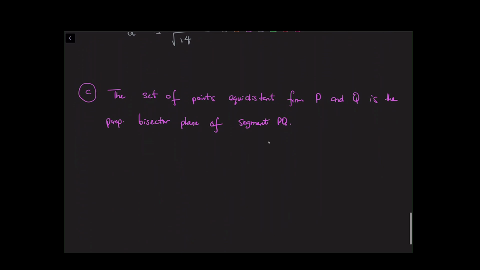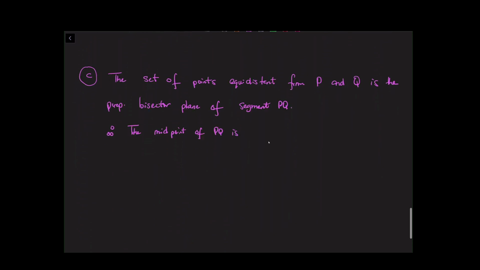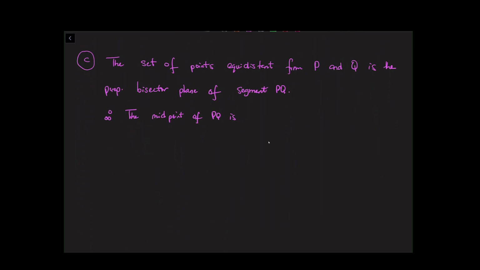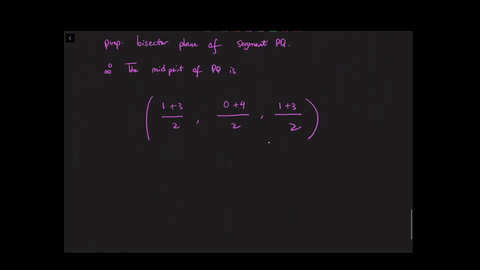Therefore, the midpoint of PQ is to take the two points (1, 0, 1) and (3, 4, 3). For the midpoint, we have 1, 0, 1, then 3, 4, and 3, all of them divided by 2, which gives me (2, 2, 2).